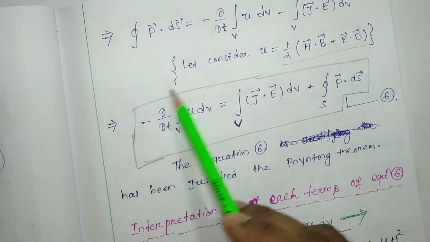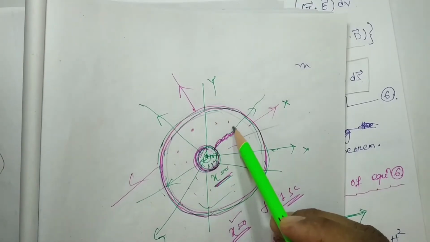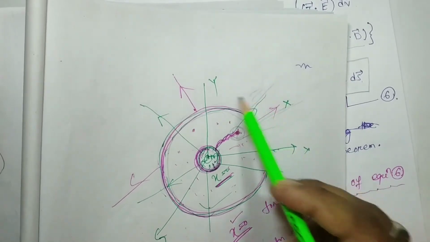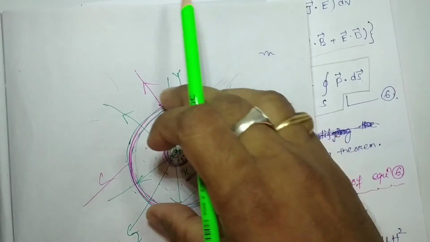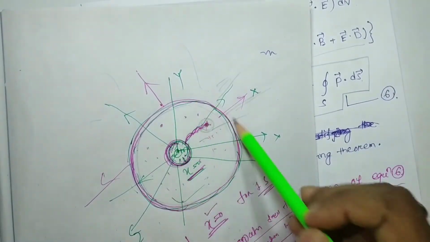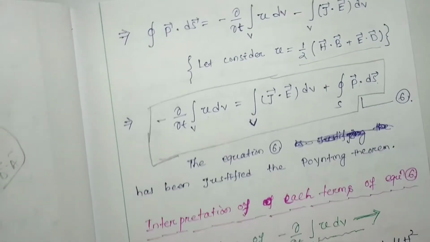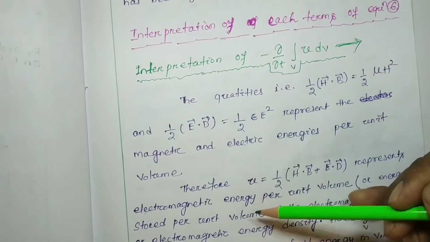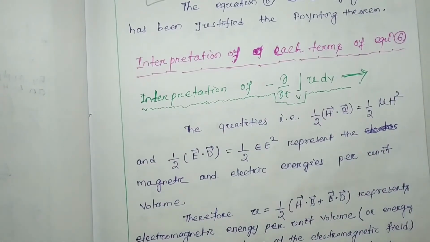That means the energy decreased in this volume is utilized to dissipate energy by interacting with the molecules, and the rest of the energy is transmitted as outward flow, or flux, from this volume through this surface. Each and every term we interpret for its physical meaning, so you just have to watch carefully with patience.